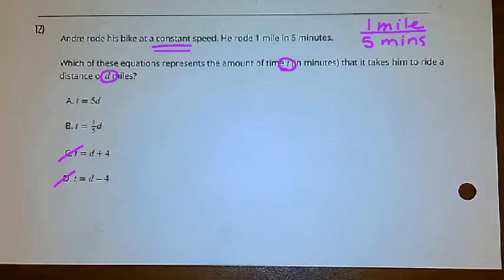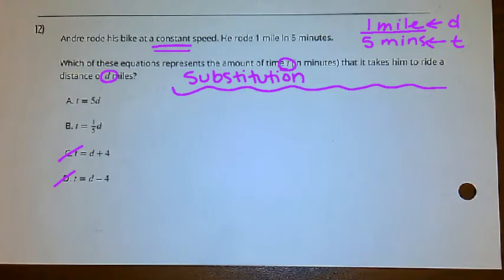Okay? So most likely, you guys are going to pick B. But what I'm going to show you is we are going to use substitution. Okay? We're going to use substitution in order to, so the miles, that would be D, and the 5 minutes, that would be T. So what we're going to do is we're going to substitute into both of these equations.